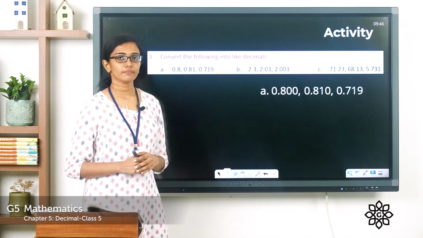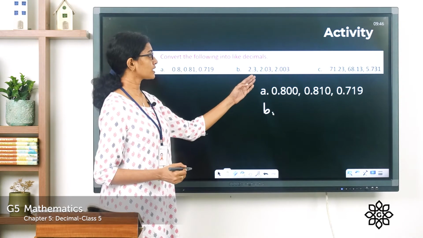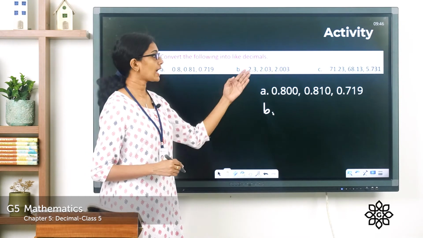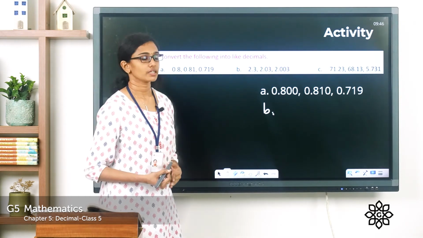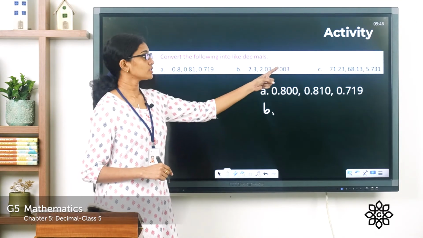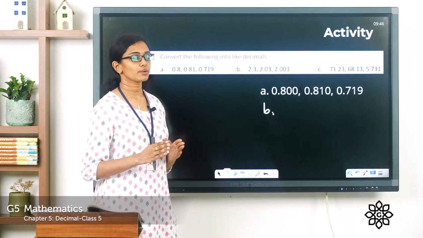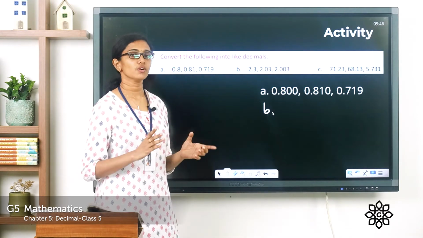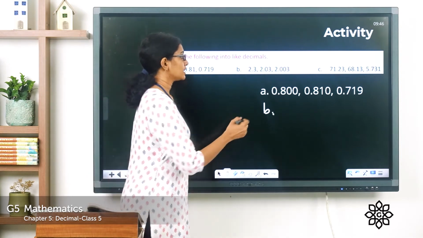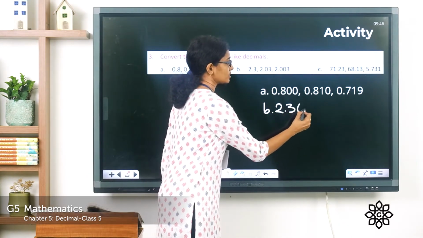Now what about question B? How can we change them to like decimals? 2.3, 2.03 and 2.003. So the maximum number of digits after the decimal point is 3. So let's make the number of digits in the other numbers also 3. So we can rewrite 2.3 as 2.300.